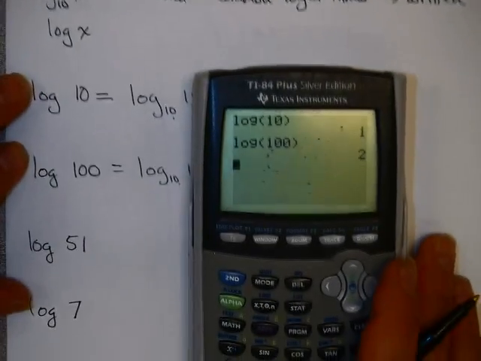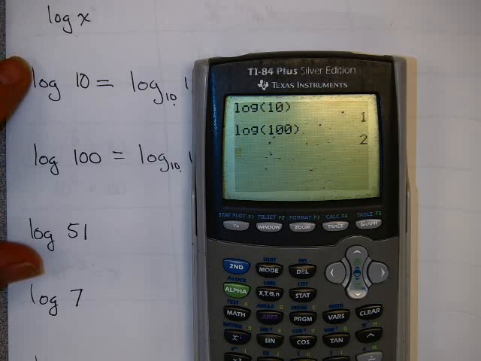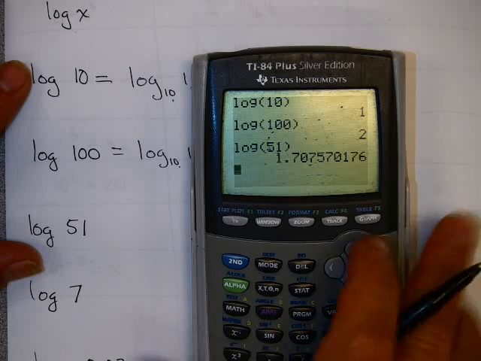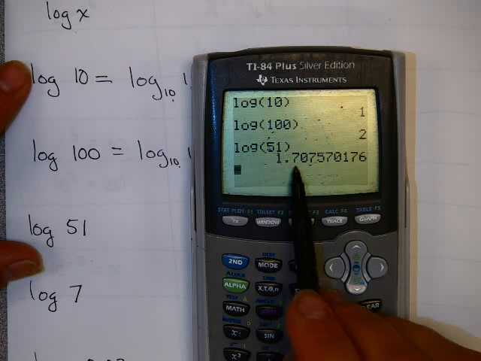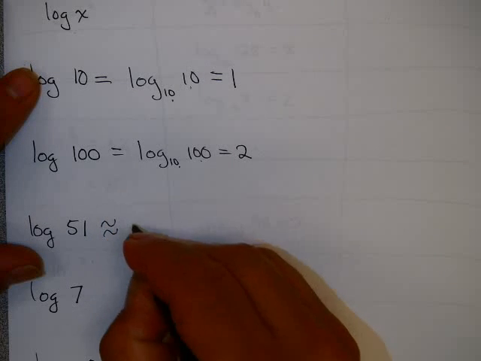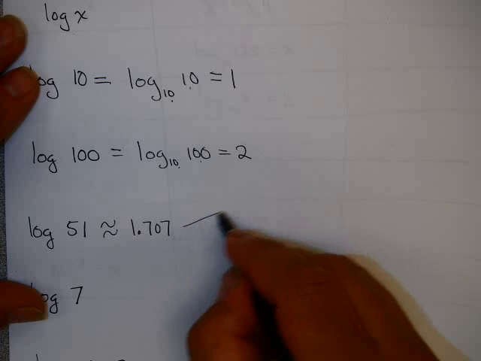You can't do this one, log 51, without the calculator. So let's see what the calculator says here. I'll do log 51. Log 51 gives me approximately 1.707. So I'm going to write down this is approximately 1.707. Now, what does that mean?